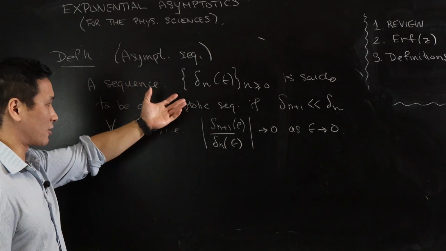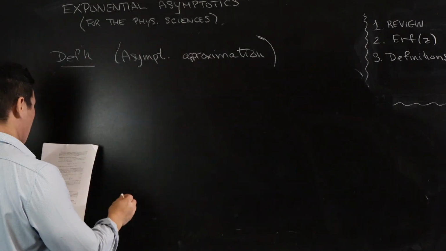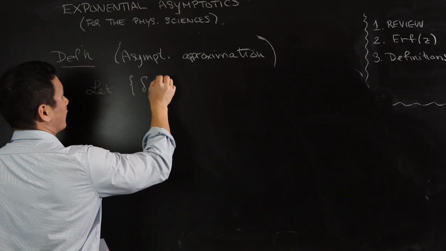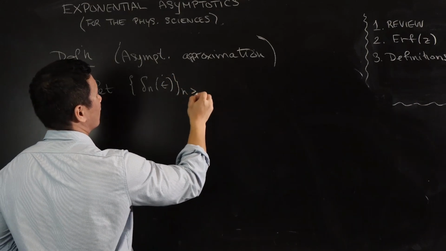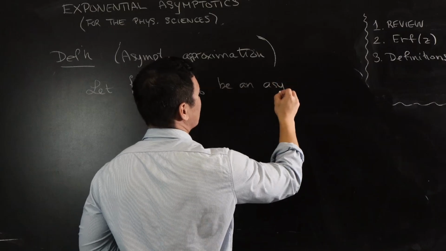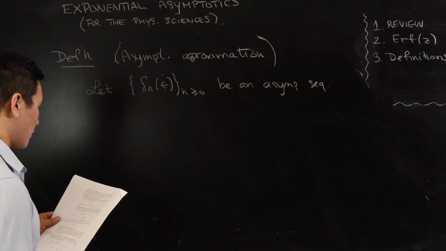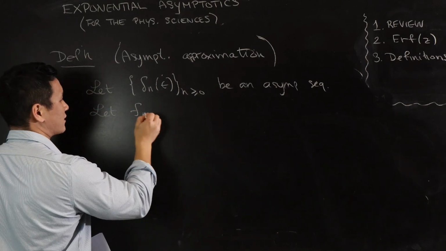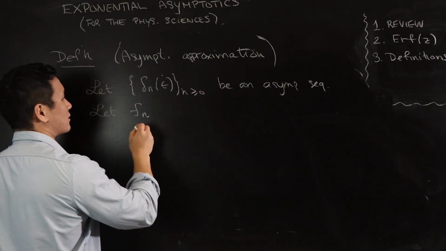Once you have an asymptotic sequence, then you can define what an asymptotic approximation is. So if we let delta n of epsilon be an asymptotic sequence, let's construct a series. We're going to use that sequence to construct a series.